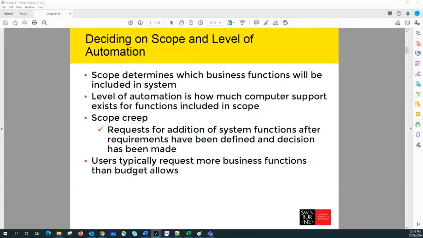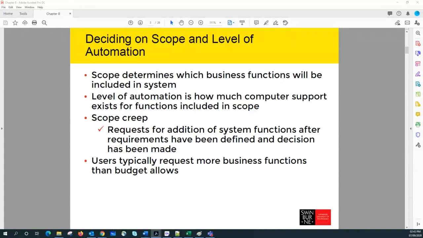Prioritizing these requirements includes not only the scope and the level of automation, but there are other things we need to consider as well.